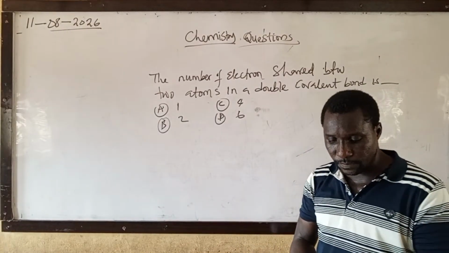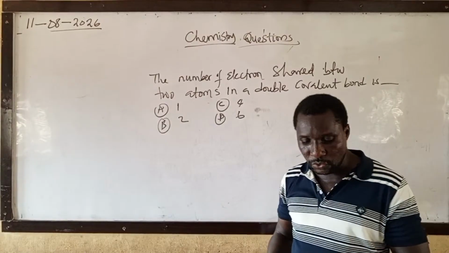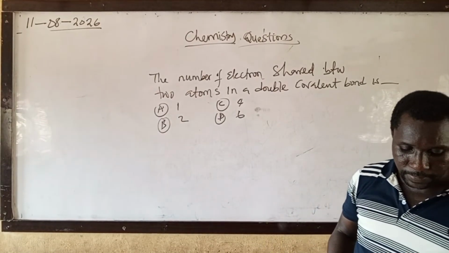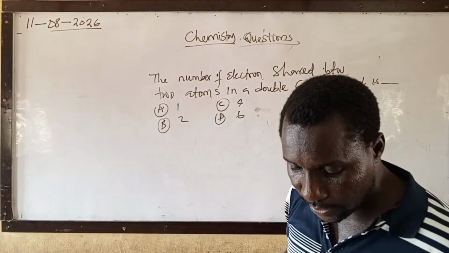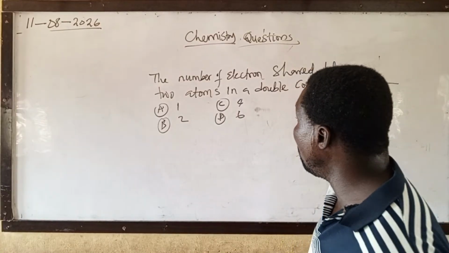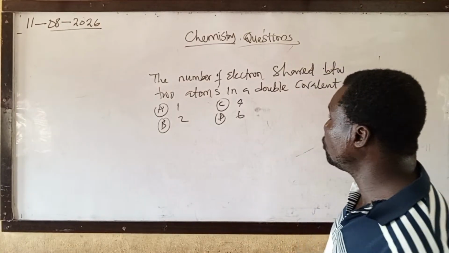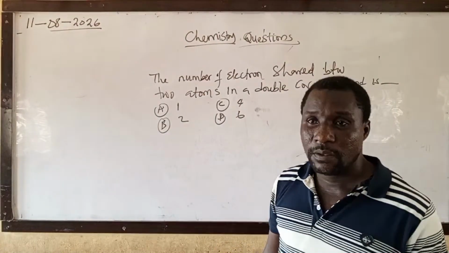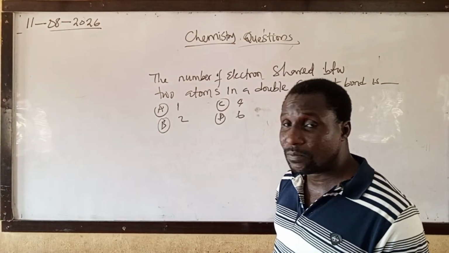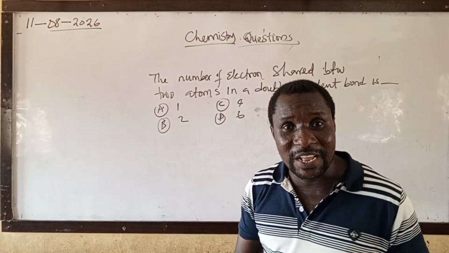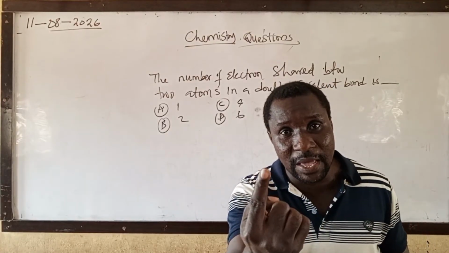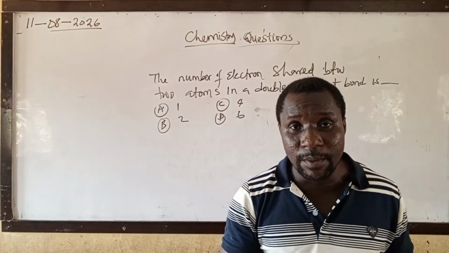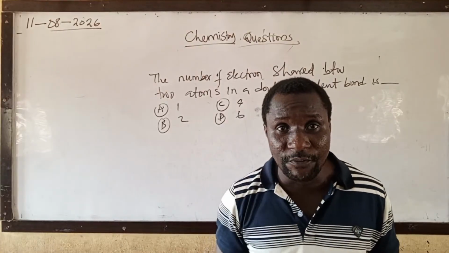Look at this. I taught you this yesterday. Someone said 4. I explained single covalent bond, I explained double covalent bond, I explained triple covalent bond.